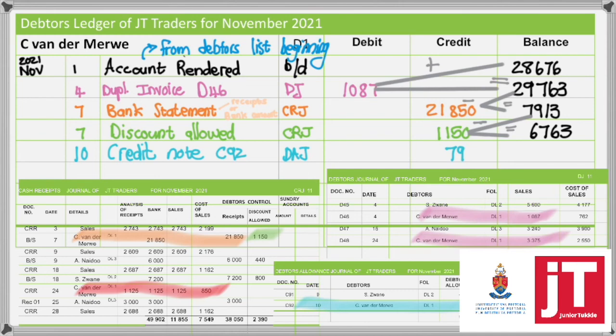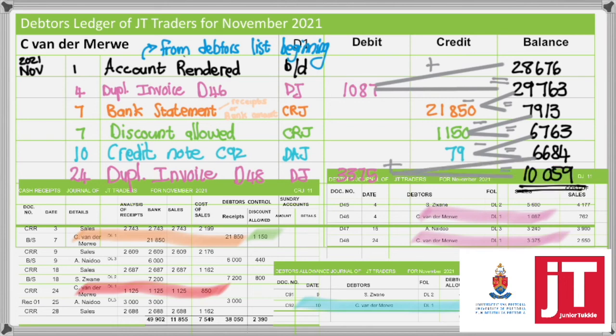Debtors allowances will minus off the balance, giving us a balance of 6,684 Rand. And then finally, there was a final purchase by Van der Merwe on credit for 3,375, which we now have to add to the balance again, giving a final total of 10,059.